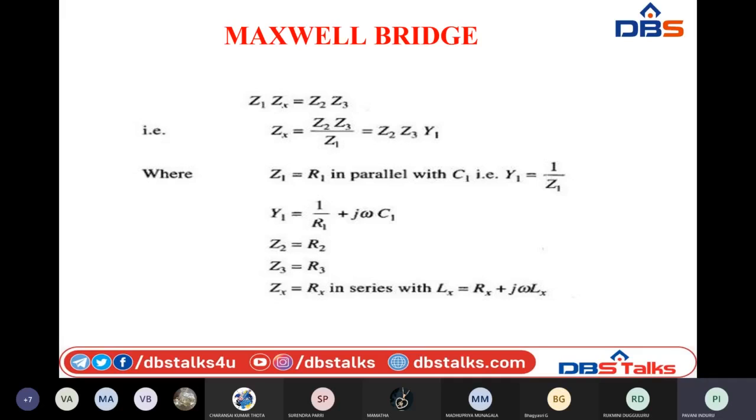That means for capacitors and inductors, we have to consider their reactances. That is why this frequency term omega has been used, which indicates that the charging of capacitors and inductors depends upon the frequency of the alternating current signal. So that is why omega has been taken into the expressions.